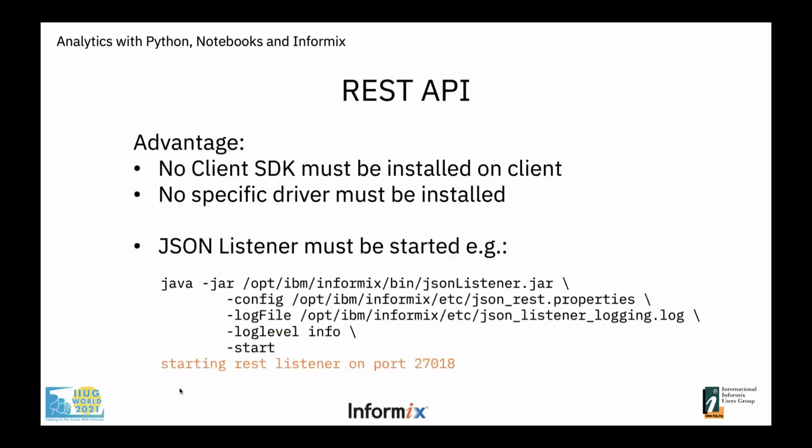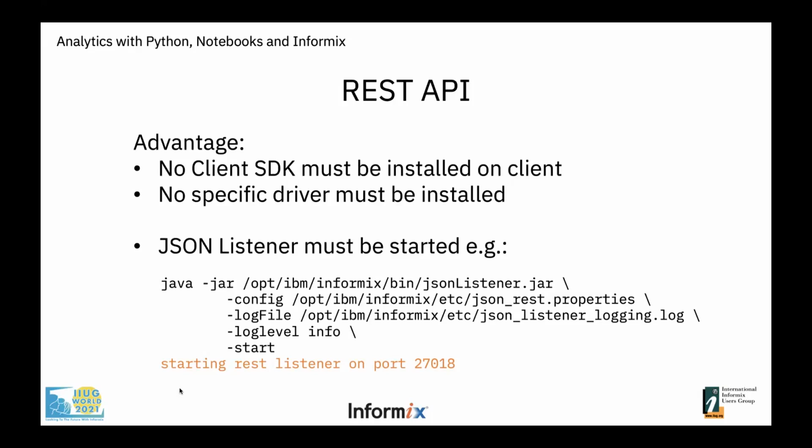The next thing which I like to discuss is how to use the REST API for accessing the data. And the main advantage of the REST API is that you don't have to install any client SDK on any client, because support for REST calls is available nowadays in more or less any language, especially it's available in Python.